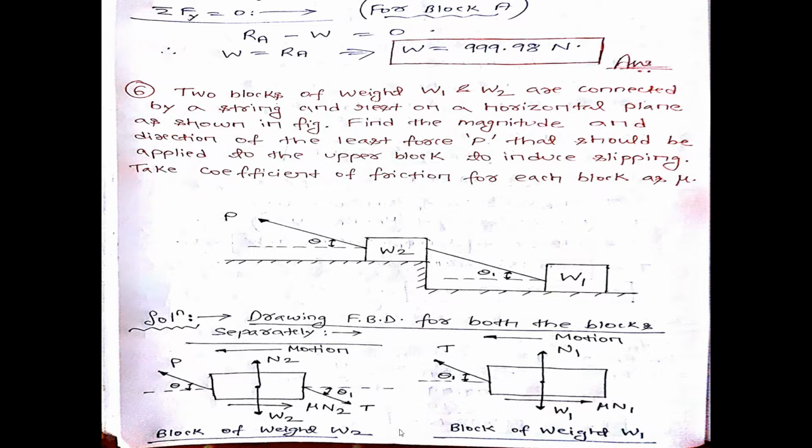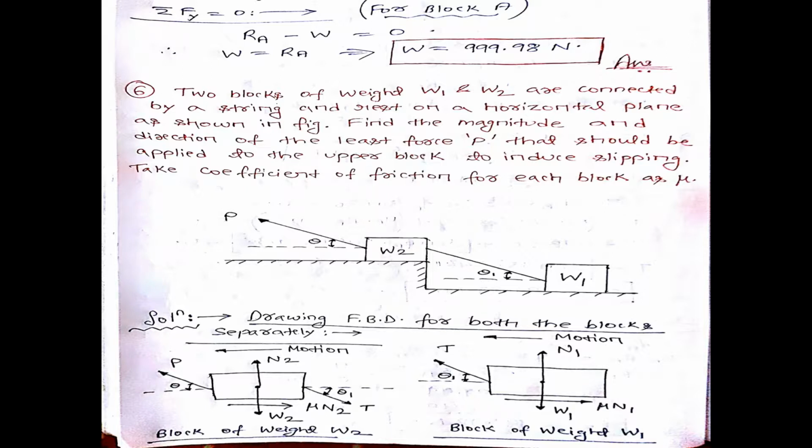Find the magnitude and direction of the least force P that should be applied to the upper block to induce slipping. Take the coefficient of friction for each block as mu.